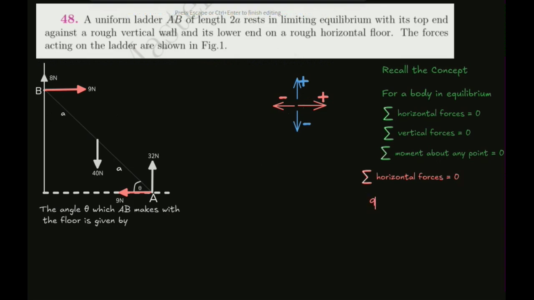We have the 9 Newton force going to the right, which is positive, and we have this other 9 Newton force going to the left, which is negative, and their sum should be 0. So this first condition has been satisfied.